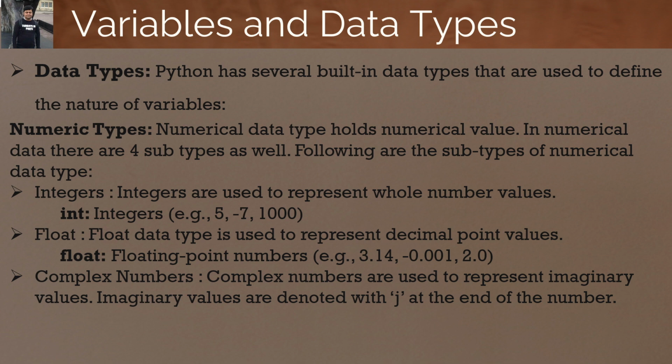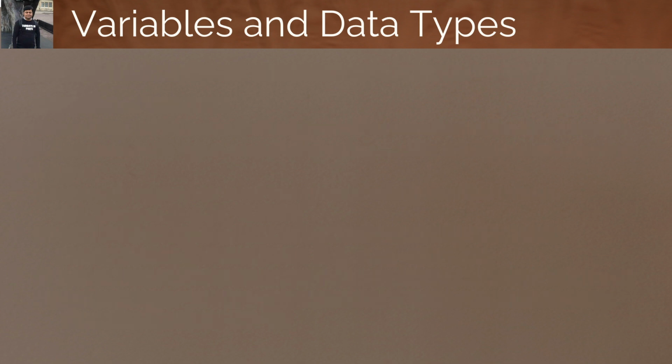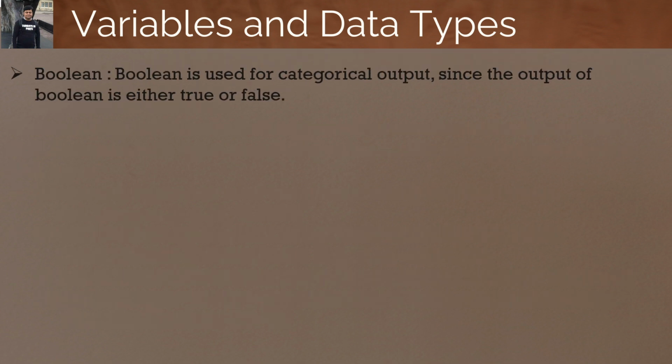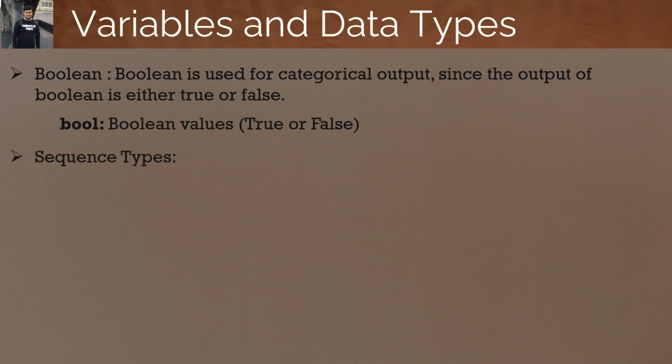Imaginary values are denoted with j at the end of the number. So you can use a complex number like 10 plus 5j. Boolean is used for categorical output, since the output of Boolean is either true or false. So you can use bool as the keyword, and the Boolean value is true or false.